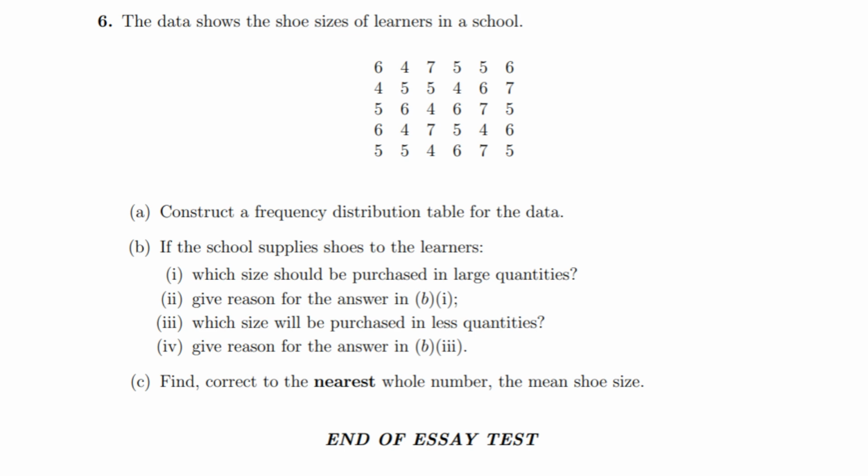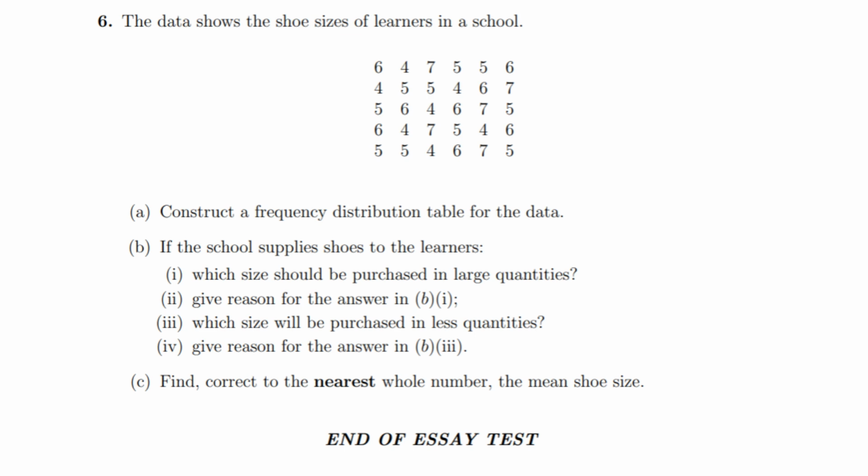Okay, so let's continue with question number 6. The data shows the shoe size of learners in the school, and those are the shoe sizes over there. A, construct a frequency distribution table of the data. Then B, if the school supplies shoes to learners, i, which size will be purchased in a large quantity?